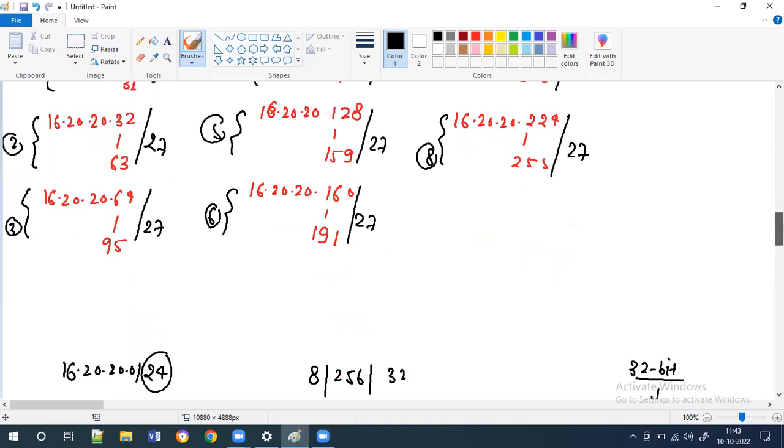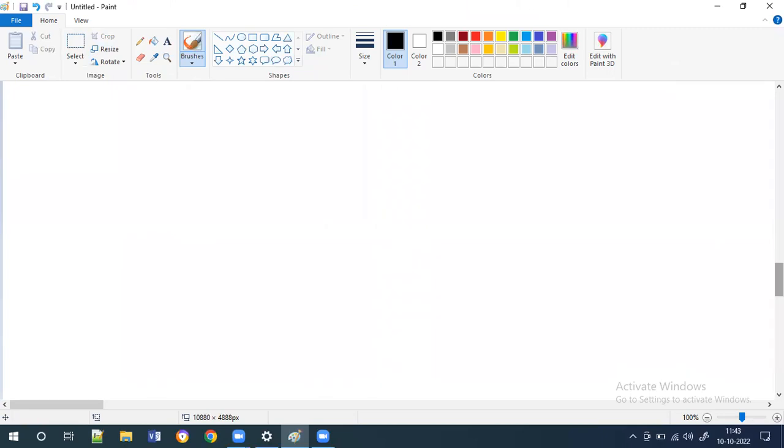So if you look at that IP address, it is 16.20.20.0/24. Let's write this in bit format. What is the subnet mask for this? 255.255.255.0.